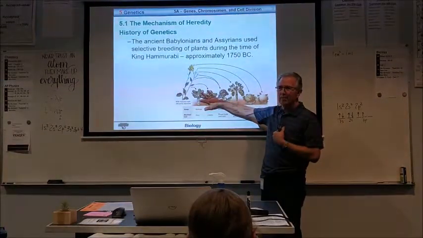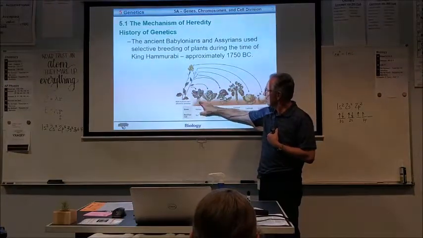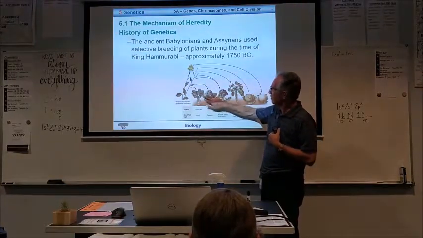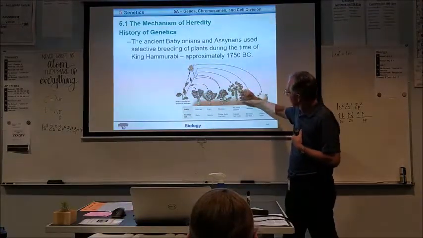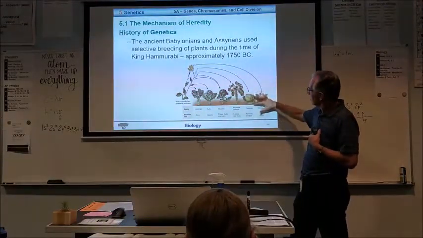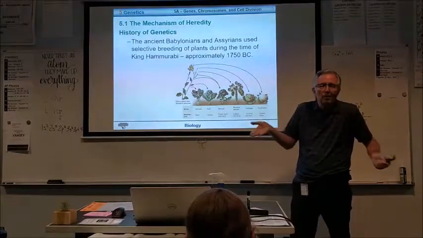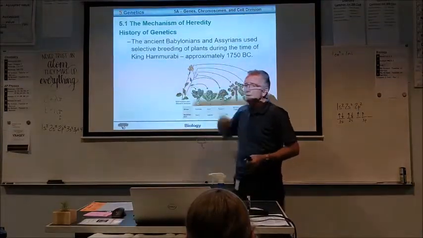Kohlrabi, have you ever heard of that? Most people are eating this part right here. There's kale, where they eat the leaves. Broccoli, Brussels sprouts, cabbage, and cauliflower. They all came from that.